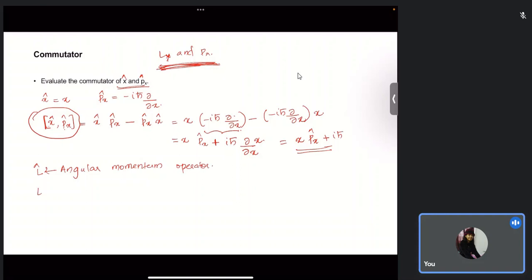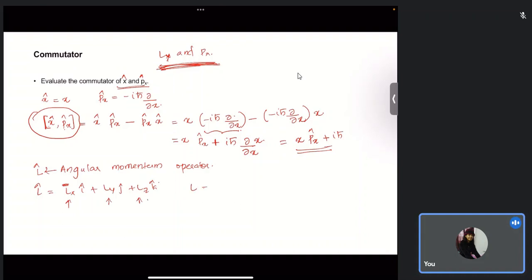And it has been defined as Lx i cap, Ly j cap, Lz k cap. If we want to find the values associated with Lx, Ly, Lz, how do we know them?